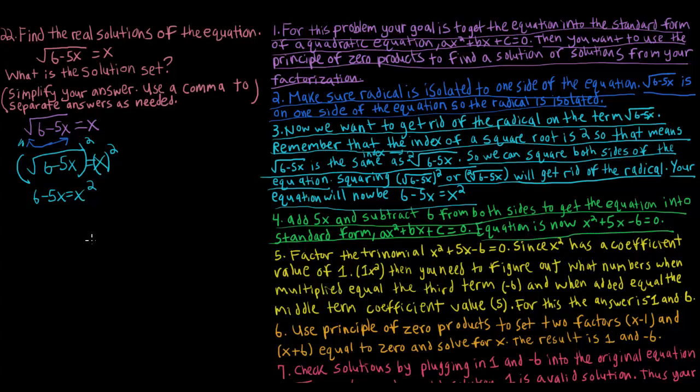If we add 5x to both sides and then subtract 6 from both sides, we have 0 equals x squared plus 5x minus 6, which is the same as x squared plus 5x minus 6 equals 0.